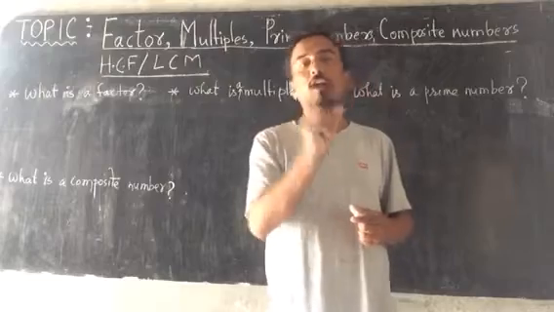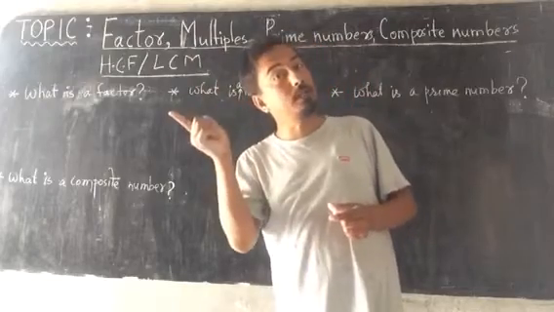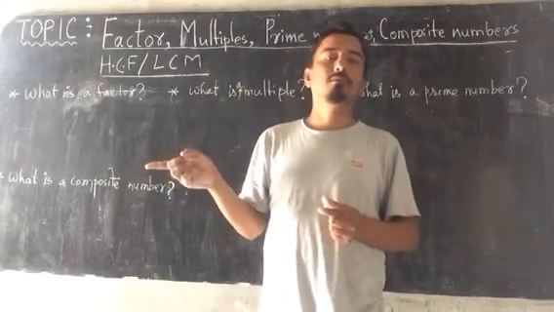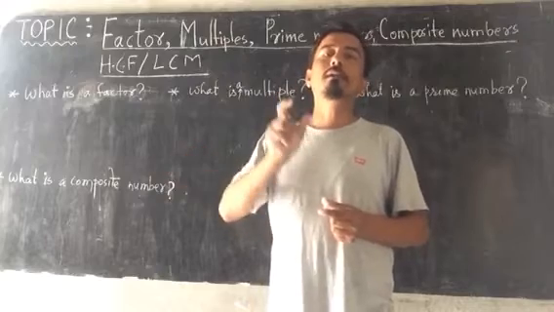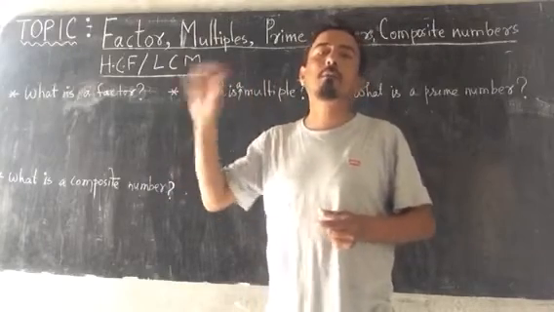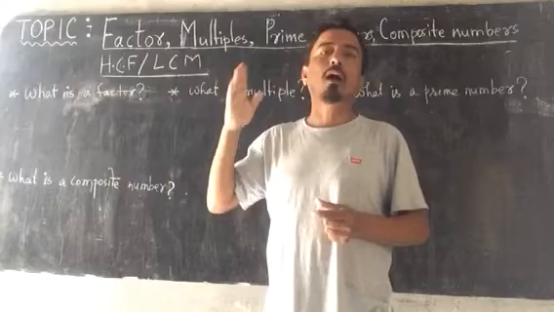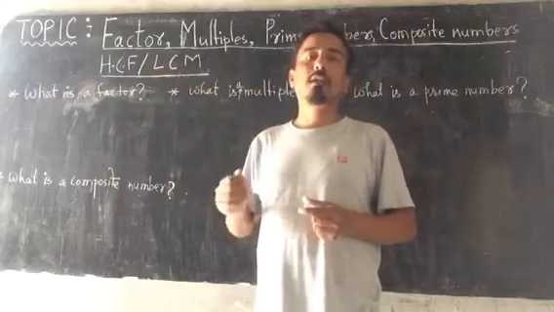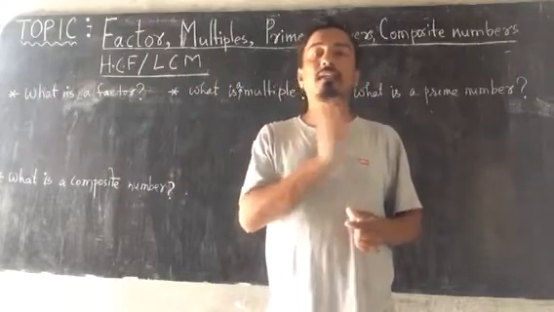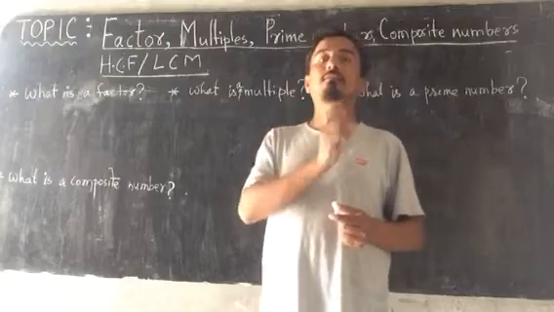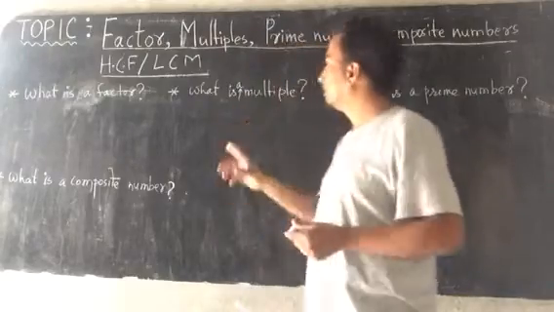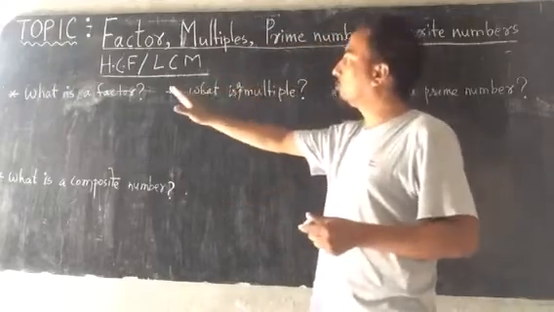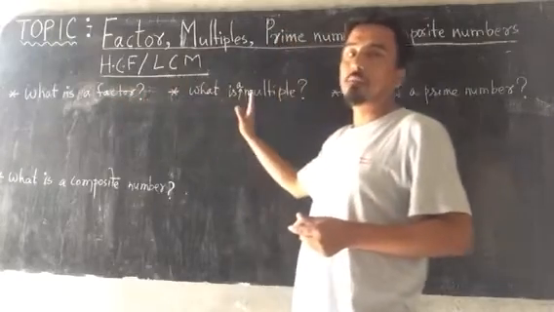It means 2 is a factor of 12 and 12 is a multiple of 2. So a number may have uncountable multiples, but factors are fixed and certain. You might have understood what is a factor and what is a multiple.